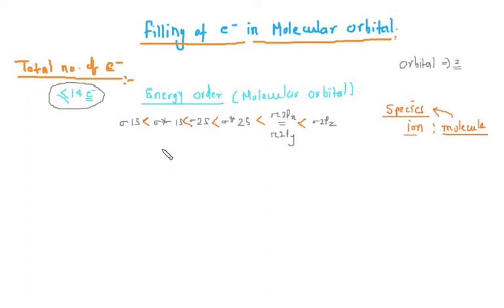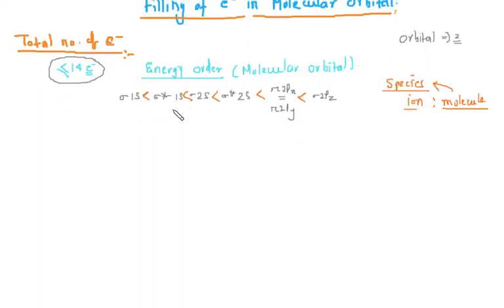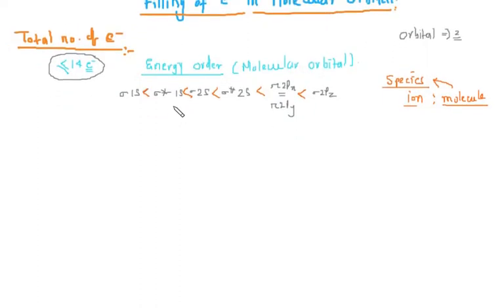So let me draw it. So here there will be a vertical line. Towards the left hand side will represent atomic orbital.